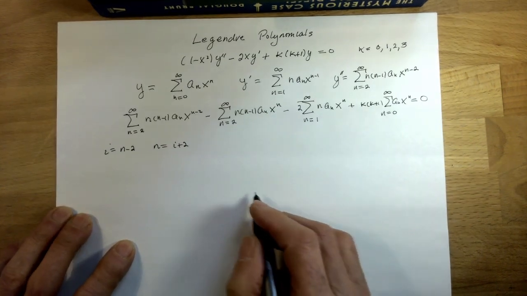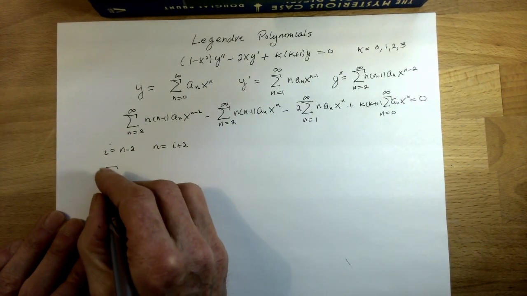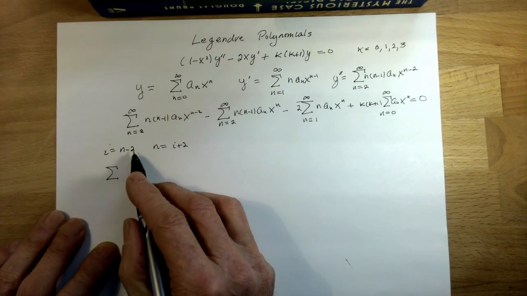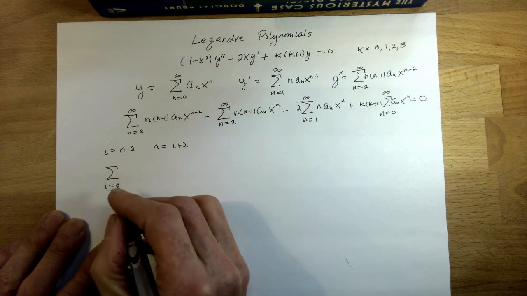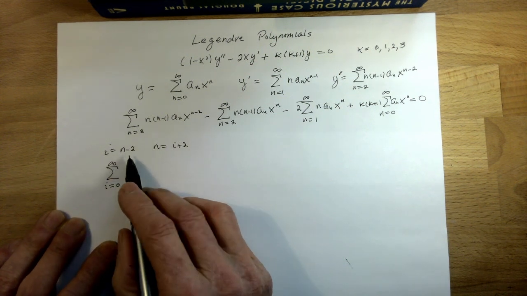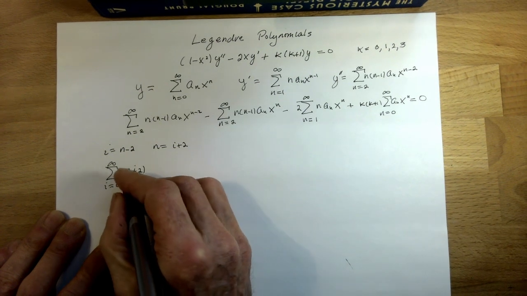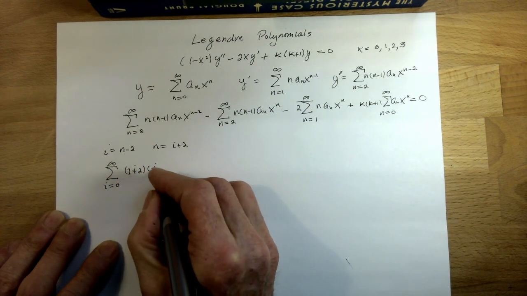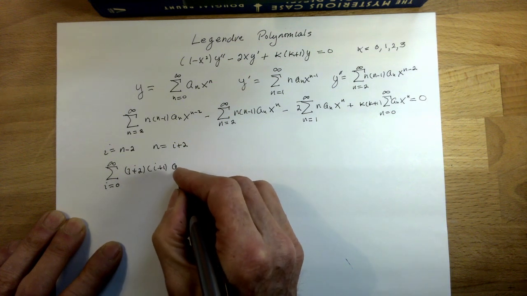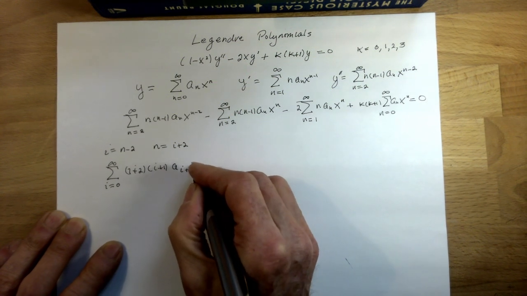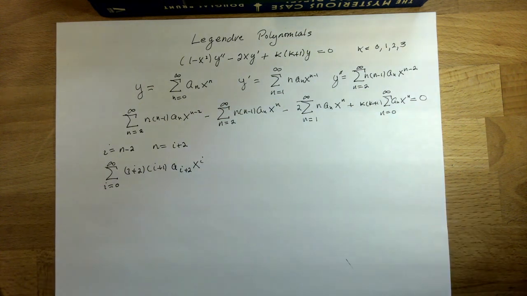When we do that, that very first term is going to become the sum; you'll notice when n equals 2, i equals 0. And then n equals i plus 2, so we have i plus 2, i plus 1, a sub i plus 2, x to the i. And then we have these other terms, equals 0.